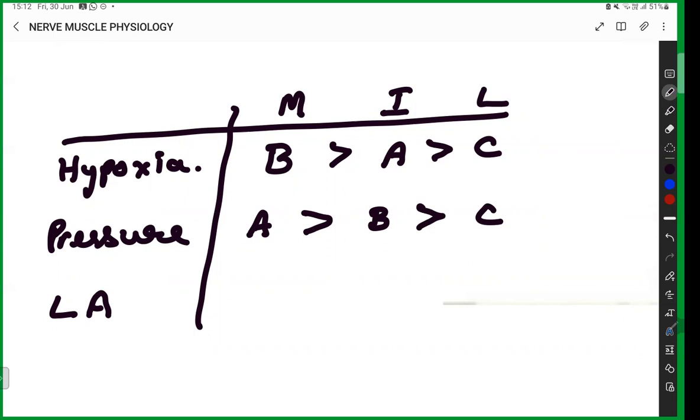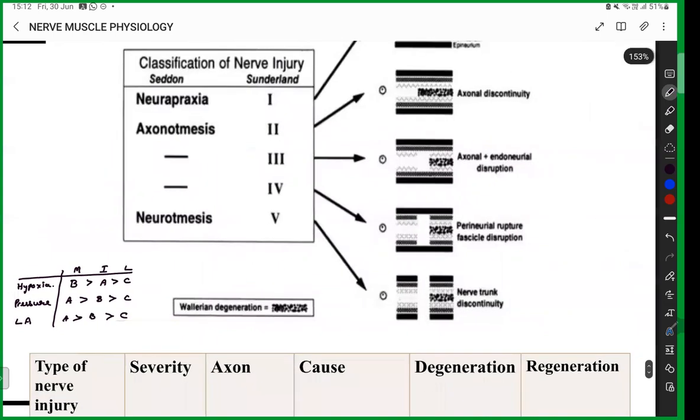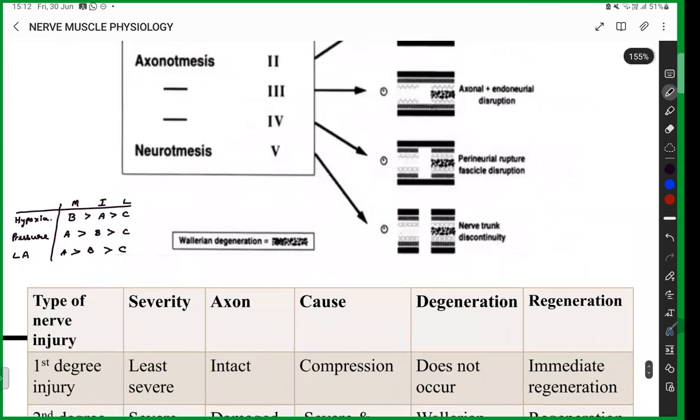And for local anesthetic, it is again going to be A, B, and C. I think you all understand. For local anesthetic, this is what is important. Among them itself, you have some difference between your Ganong and your anesthesia textbook. Ganong says that for local anesthesia, C is more susceptible, whereas the anesthesia textbook says A gamma.